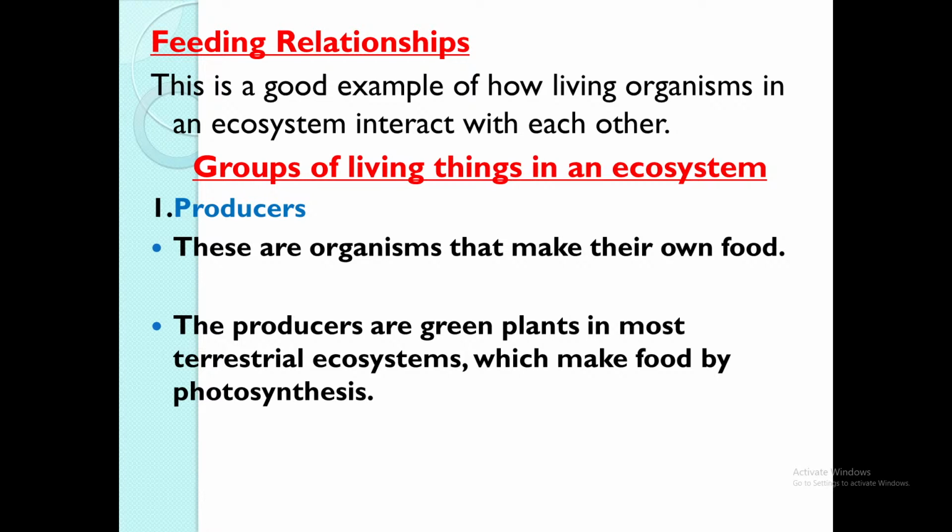A food chain normally starts out with what is known as a producer. These are organisms that make their own food, and that is mostly plants. The producers are green plants in most terrestrial ecosystems, which make food by the process known as photosynthesis.